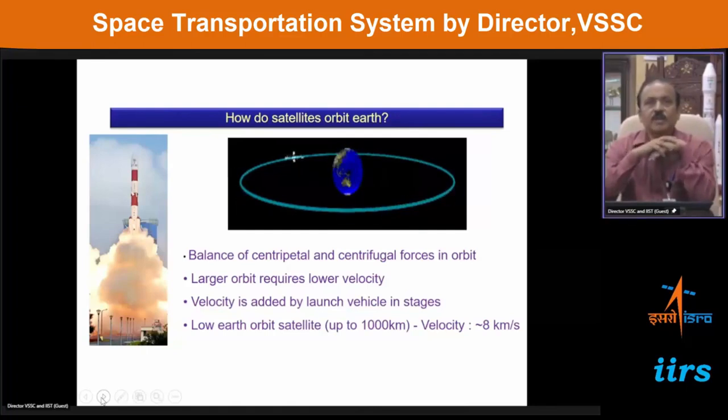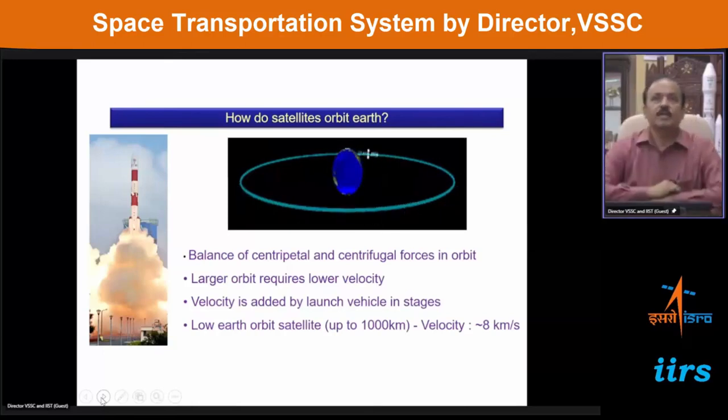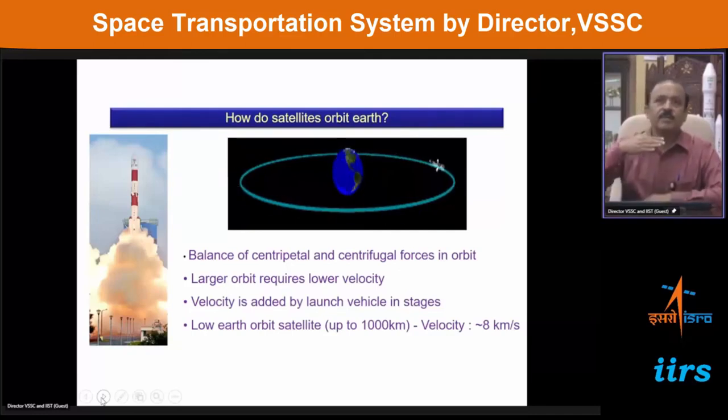This velocity is provided by the launch vehicle. Velocity has both magnitude and direction, so the velocity should be tangential to the orbit, and only then can it stay. The moment you deflect it downwards, it will come under gravity and come back. That is how we make bodies re-enter and come back.